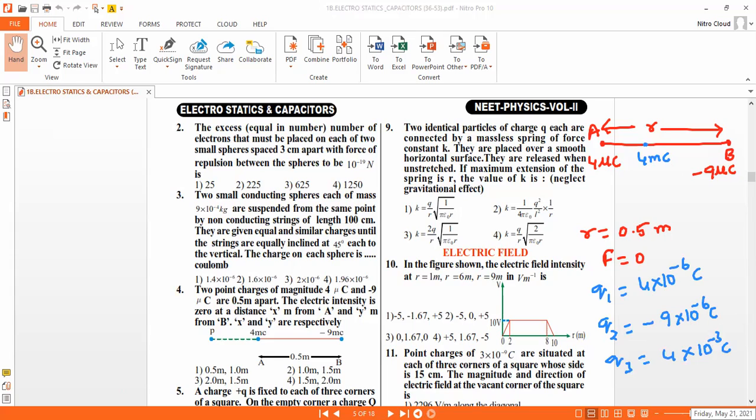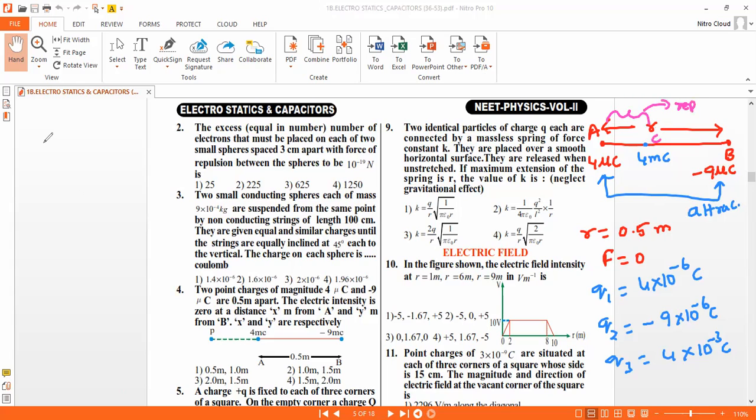Now see, between A and B we are having attractive force. And suppose this is C, either AC or BC, this force must be repulsive.